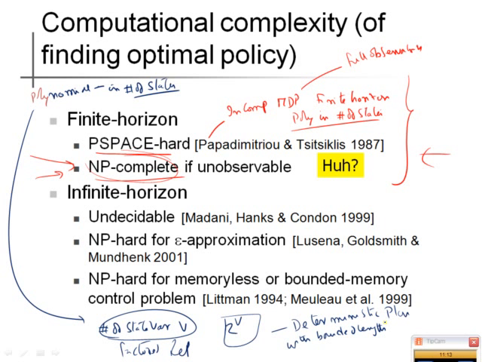It turns out that bounded length deterministic planning is NP-complete. So there's an NP-complete here, and there's an NP-complete here, but they're very different NP-completes, because the complexity is always in the input size.